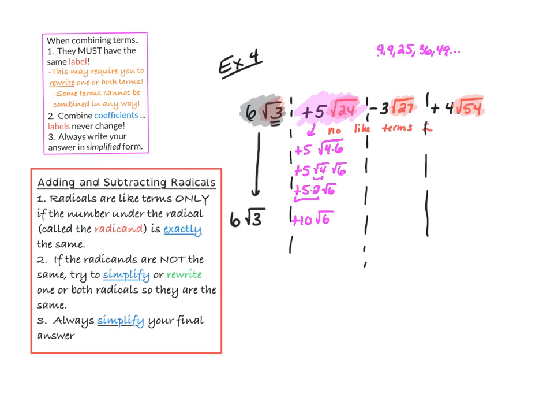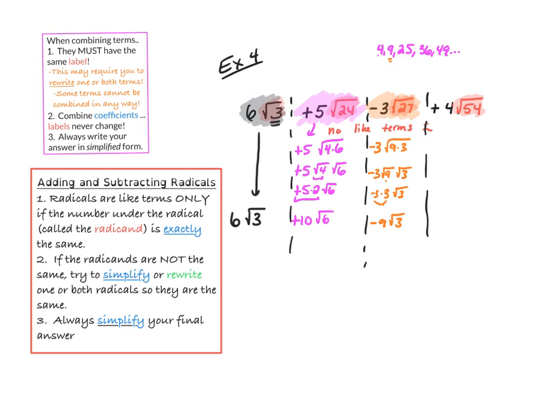So we're moving on to our third term, which I'm going to do in this orange color here. For our third term, I'm going to copy the negative 3, and I would see from up here that the biggest perfect square that goes into 27 is 9 times 3. If 2 numbers are multiplied under one square root, they each can have their own. The square root of 9 is 3, and then negative 3 times 3 is negative 9 square roots of 3.